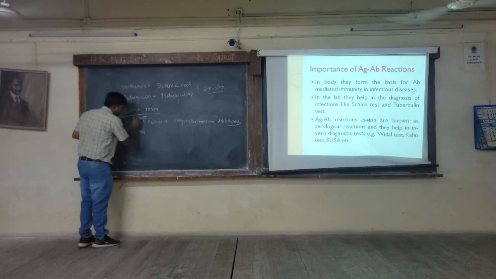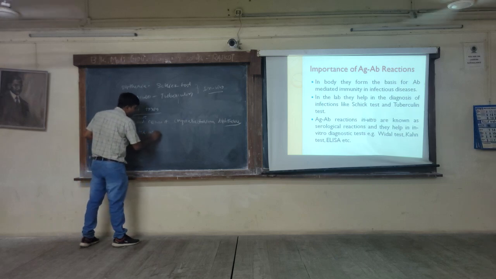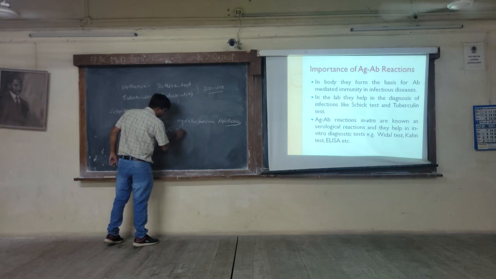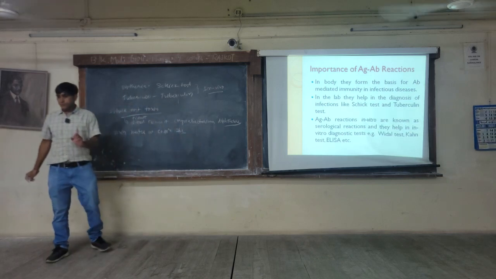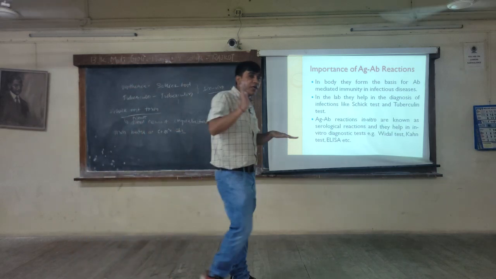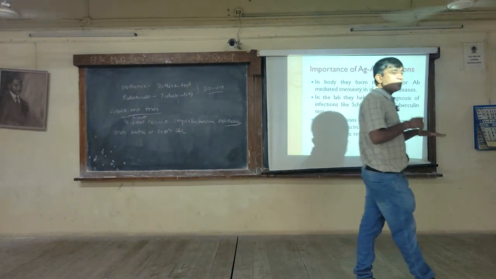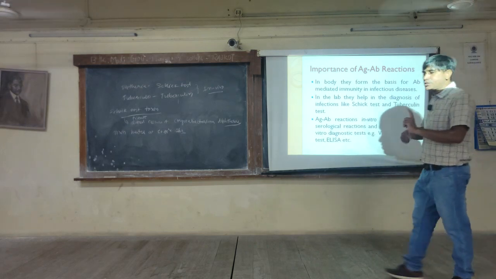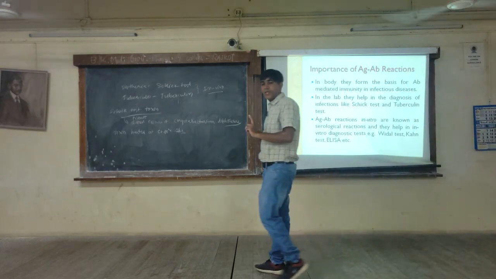That is the filtrate which has been heated at around 60 to 80 degrees centigrade for 1 hour. As we know that exotoxins are thermolabile in nature, they can be destroyed.